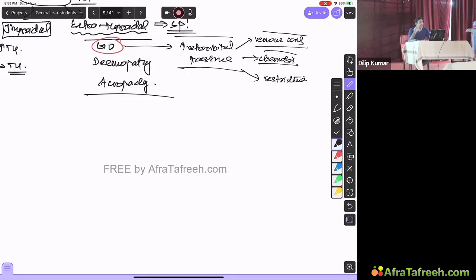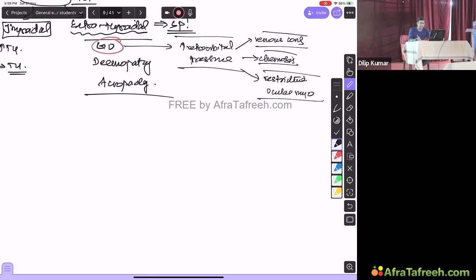Here, because of edema and fibrosis, the muscle will not be able to relax properly, so it will not allow other muscles to function properly. That is what we refer to as restrictive ocular myopathy. The first muscle to be affected in this regard is the inferior rectus. Number 4, you can get something called compressive optic neuropathy, because of the high pressure behind the orbit, and optic neuropathy and blindness can happen.